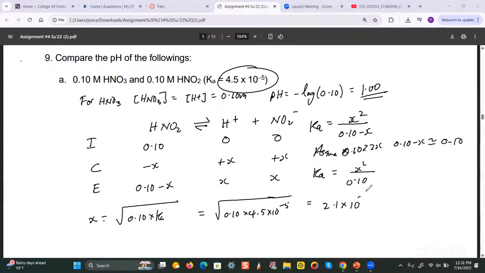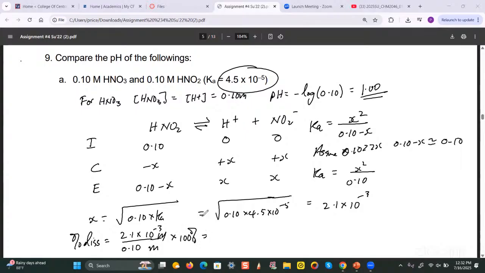What next? Hydrogen concentration. Okay, but before you do that, you have to find the percent dissociation because you have to make sure that the assumption you made earlier is valid. So how do we calculate the percent dissociation in this case? 2.1 times 10 to the minus 3 over 0.10. So these are both M, and times 100%.